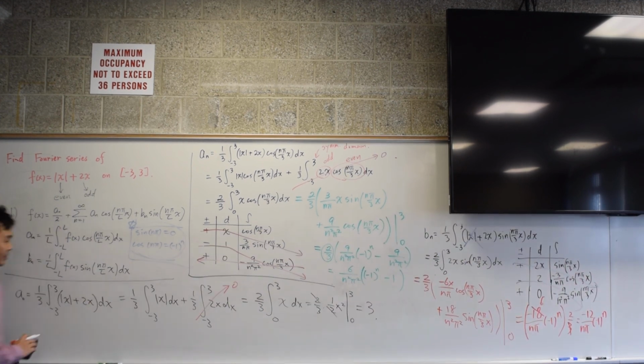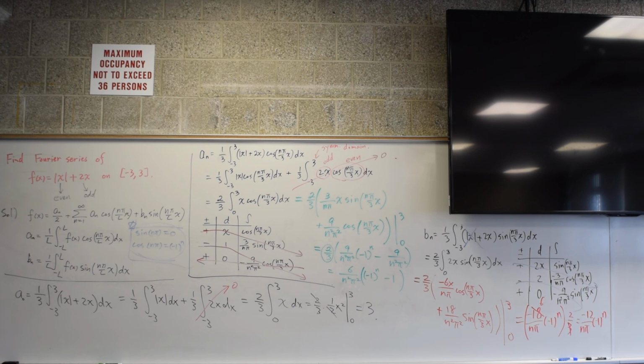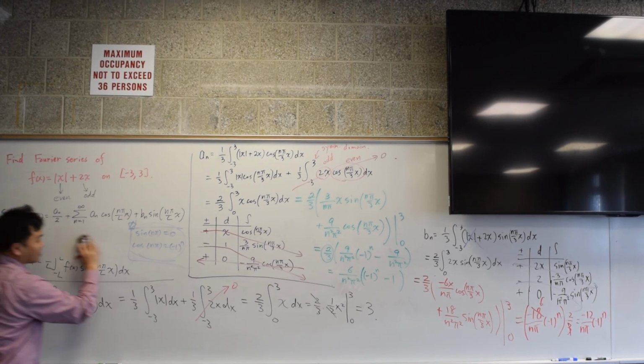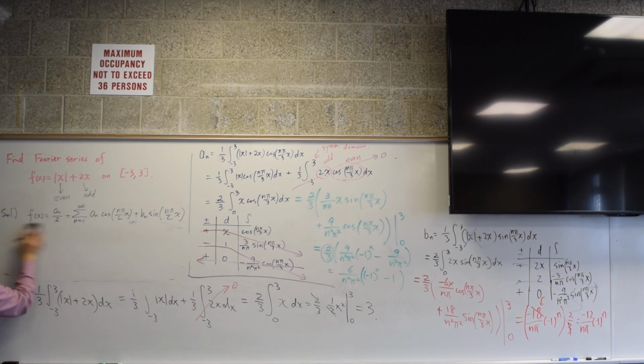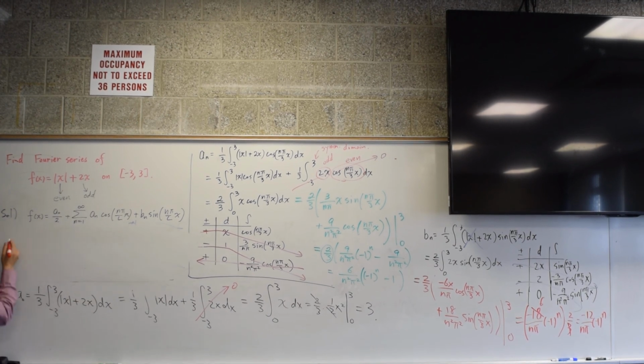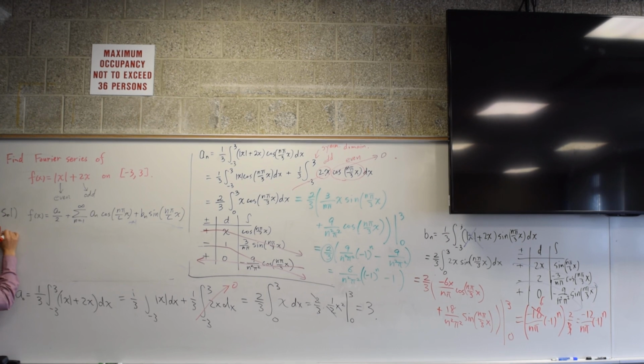And then, is that the answer? Did we get all the answers? Plug them all back in. You have to plug them all back into our original form, or else you didn't obtain the Fourier series yet. We only got the coefficients. You need to find the final series. So let's write down the answer right here. f of x is what?